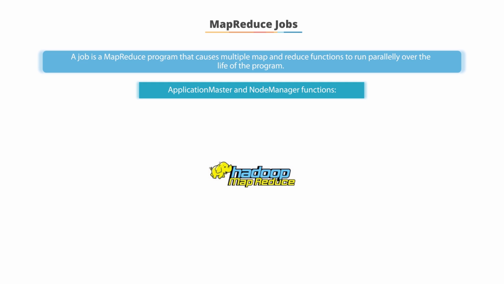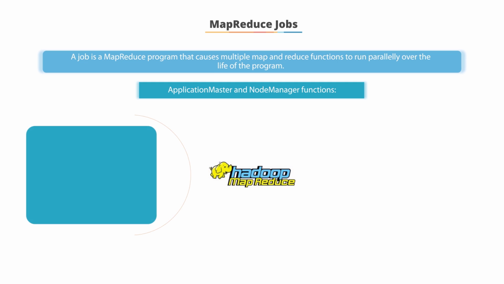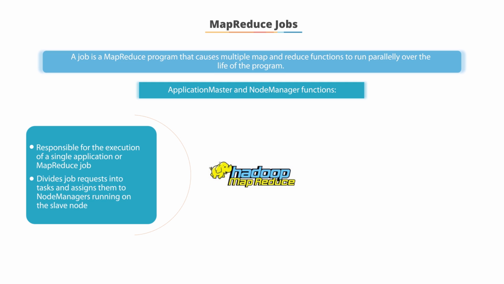With this understanding of job and task, the application master and node manager functions become easier to comprehend. First, the application master is responsible for the execution of a single application or MapReduce job. It divides the job request into tasks and assigns those tasks to node managers running on one or more slave nodes.